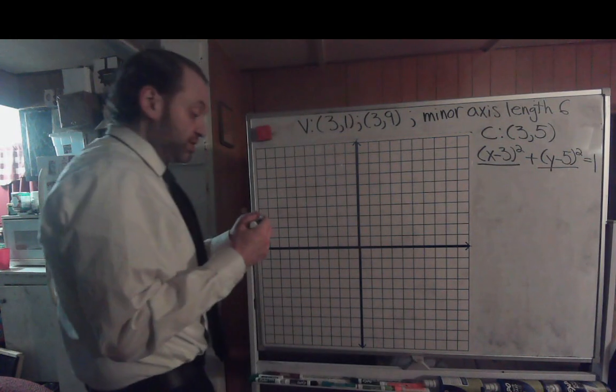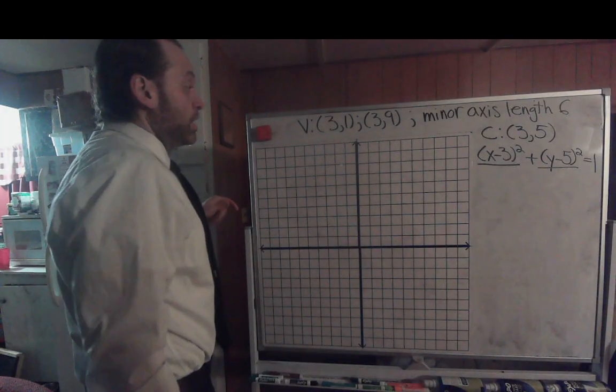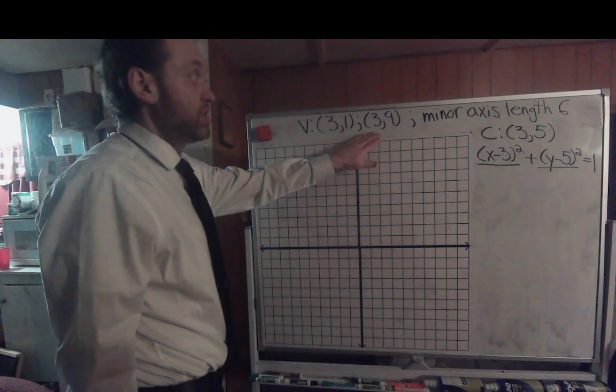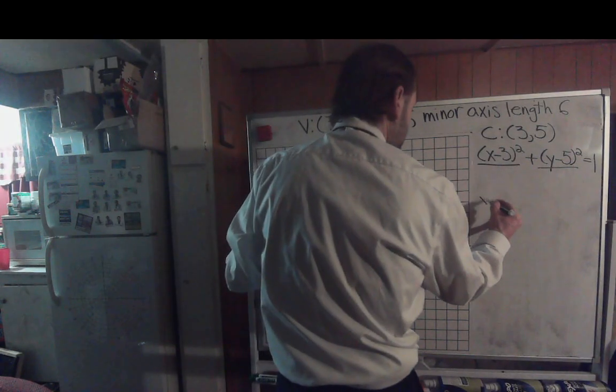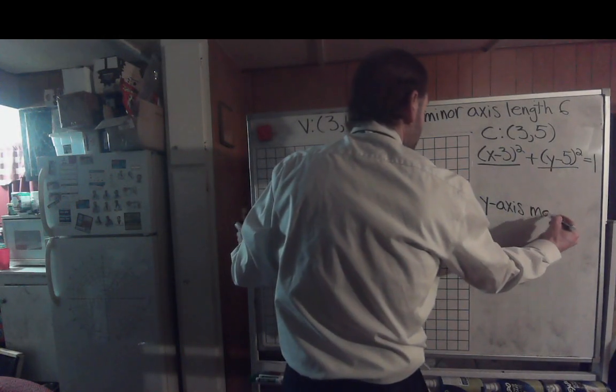Now let's figure out what those some numbers are. Well, if they're vertices and there's a change in the y coordinates, that means that the y-axis is the major axis.